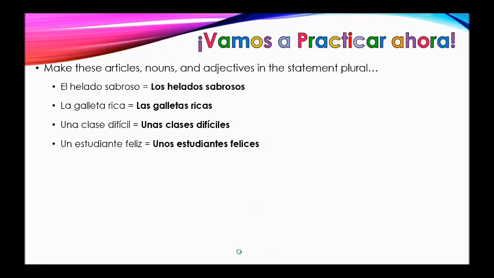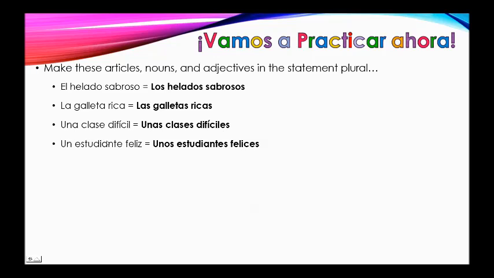And so both of those, el changes to los, la changes to las, and in these cases, the rule is that they all end with a vowel, so we just simply added an S. Una clase difícil changes to unas clases difíciles. So una changes to unas, clase ends with a vowel, so we added an S, and difícil has a consonant on the end, so we added ES.